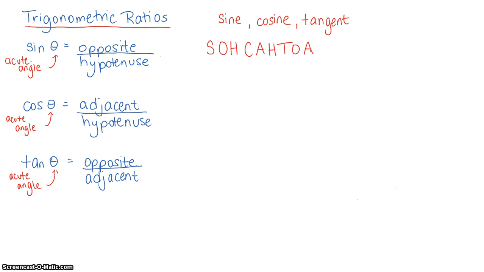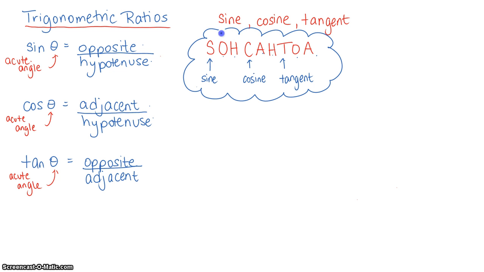SOHCAHTOA will help you remember all of these ratios because it says sine is your opposite over hypotenuse. Cosine is your adjacent over hypotenuse. And tangent is opposite over adjacent. You need to remember this, so this is one of the easiest ways to help you remember these ratios.